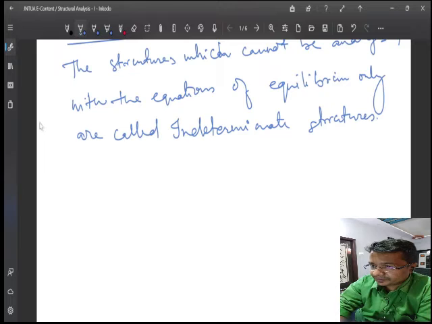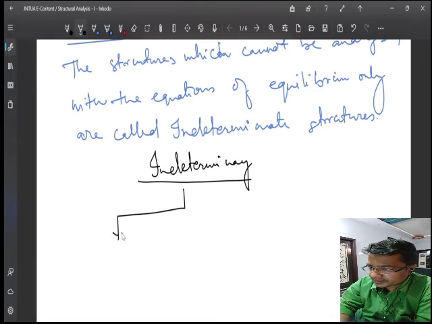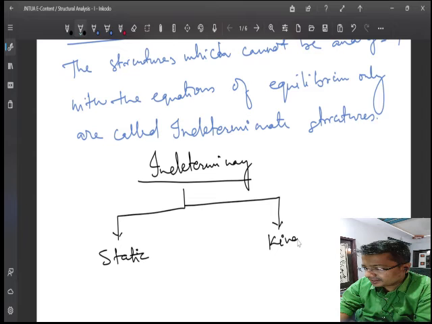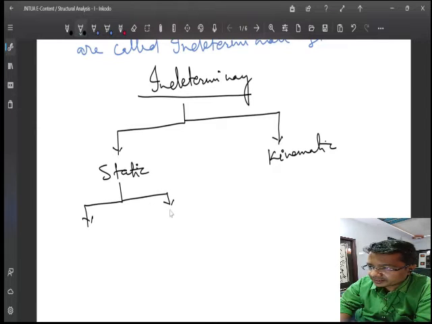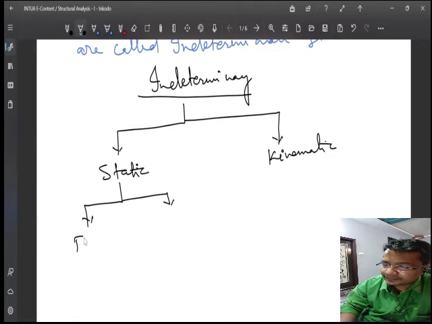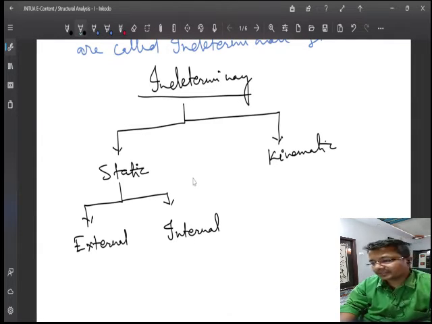This indeterminacy, you can classify it as static and kinematic, and this static indeterminacy can be further classified as external and internal indeterminacy.